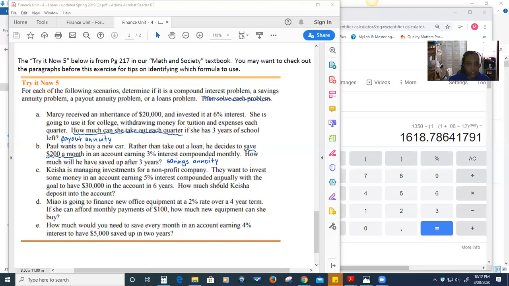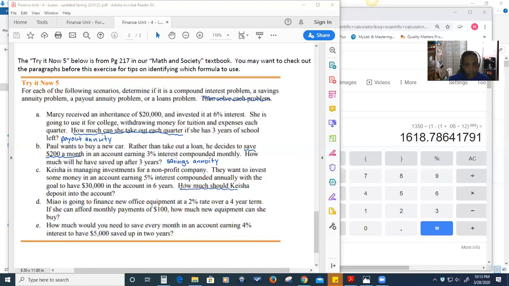How much should Keisha deposit into the account? So the question is asking, what should she put into the account in the first place in order for them to get out the $30,000?